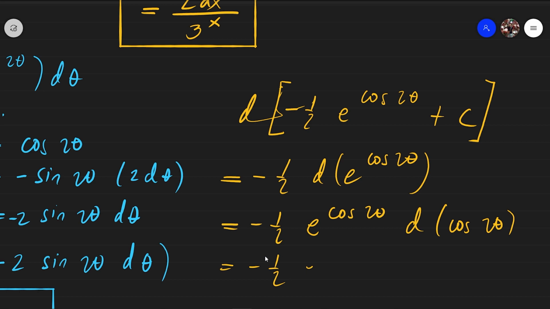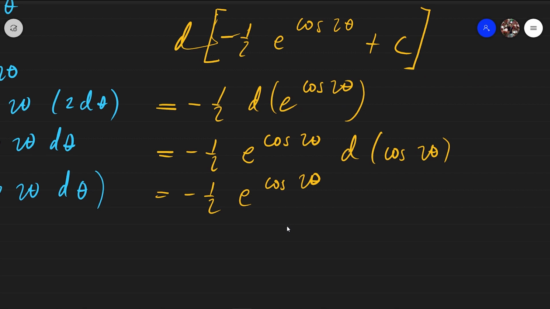So this is copy lang, negative 1 half e raised to cosine 2 theta. And your differential of cosine 2 theta is, of course, negative sine 2 theta, and the differential of 2 theta is 2 d theta.